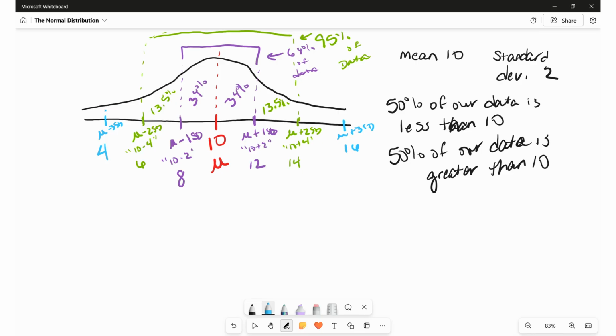And this is going to run off of the page here, so I'm going to do the best I can here. And remember that this is going to be 99.7% of your data inside of that blue area. So this, I will leave you to do the math.